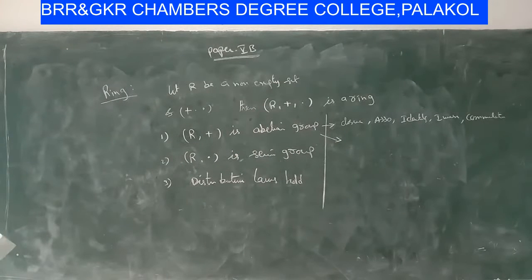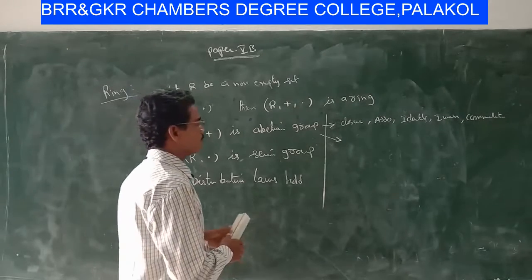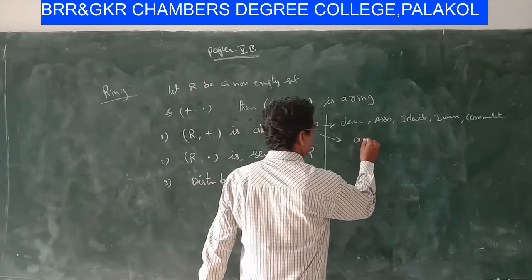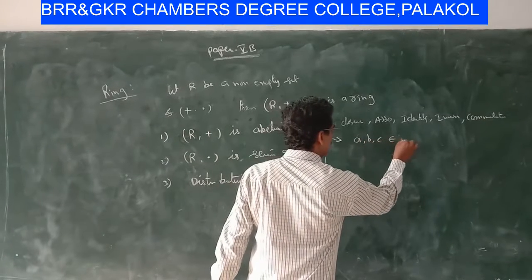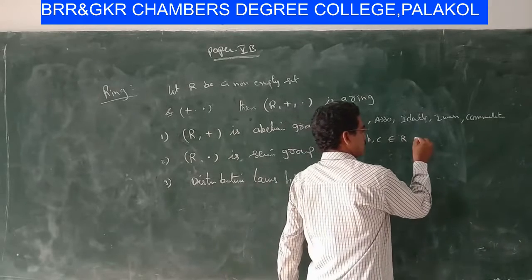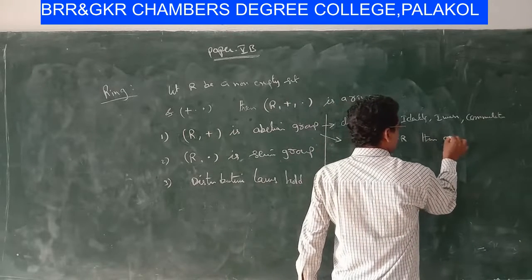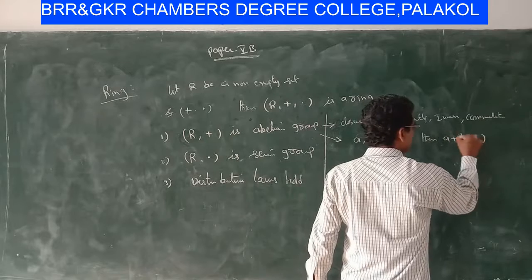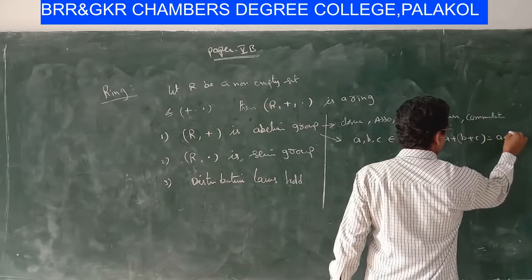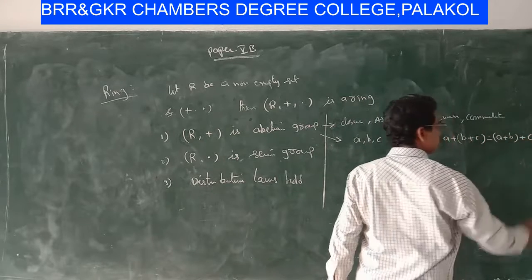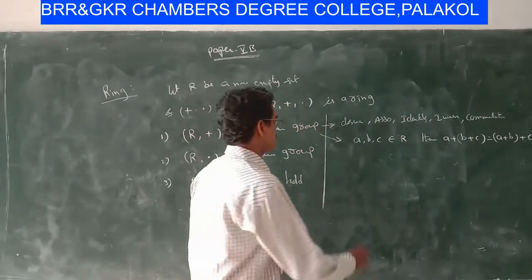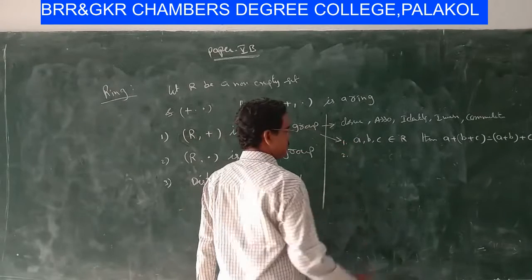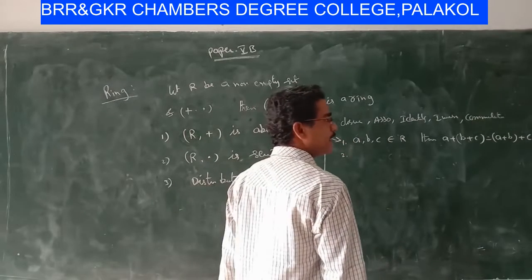First, in associative, A comma B comma C belongs to R then A plus B plus C equal to A plus B plus C for all A, B, C belongs to R. And second one is identity.